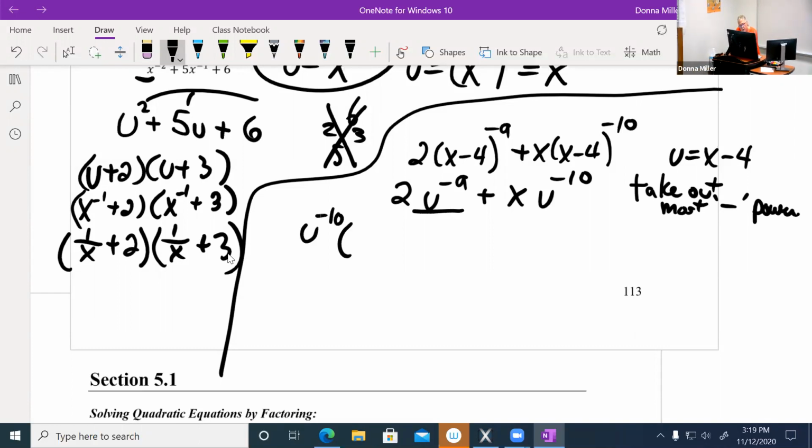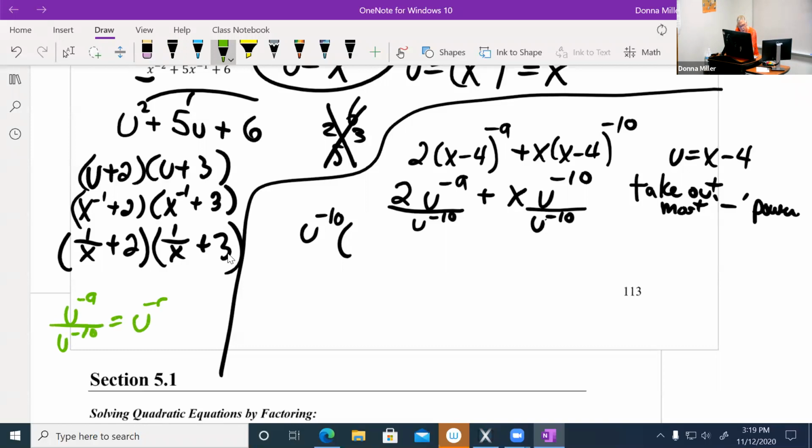What I factor out, I divide by. I want you to see what this does for you. In this first expression, you have u to the negative 9th over u to the negative 10th. You subtract the exponents, so u to the negative 9 minus negative 10.